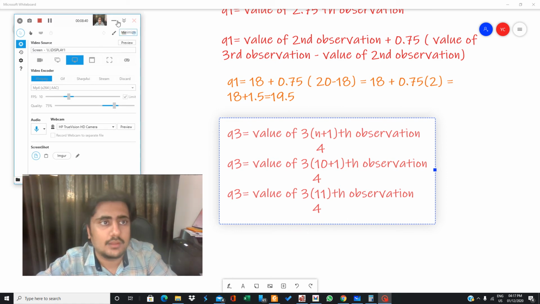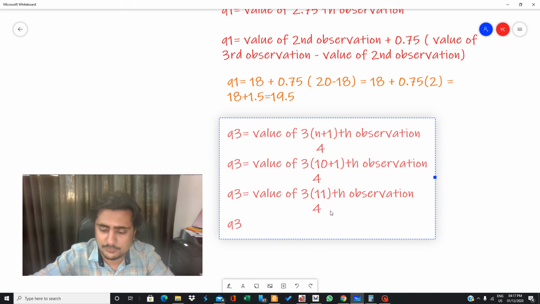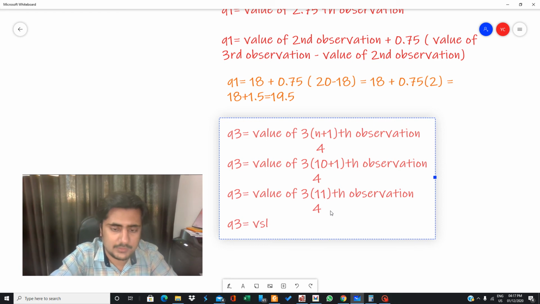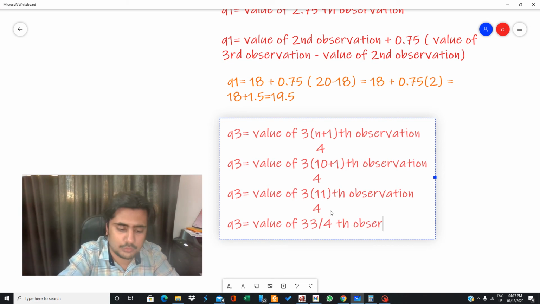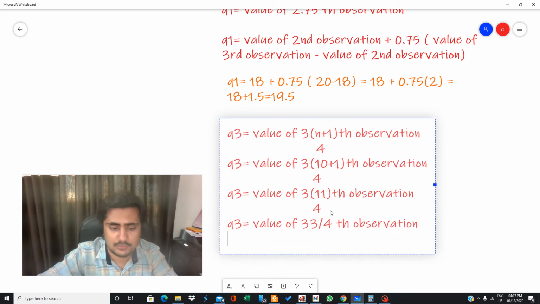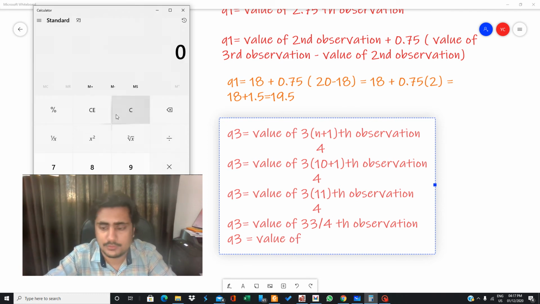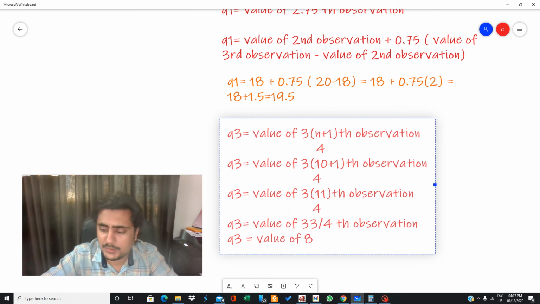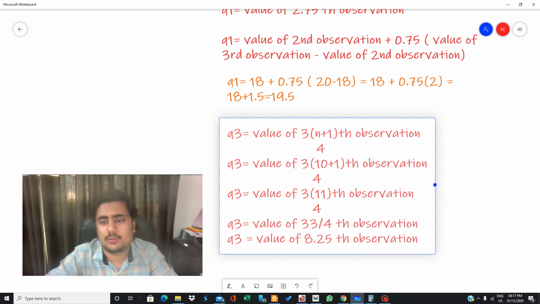Now what is 3 into 11? 3 into 11 is 33. So it is the value of the 33 by 4th observation. Now Q3 will be the value of 33 by 4, 8.25th observation.